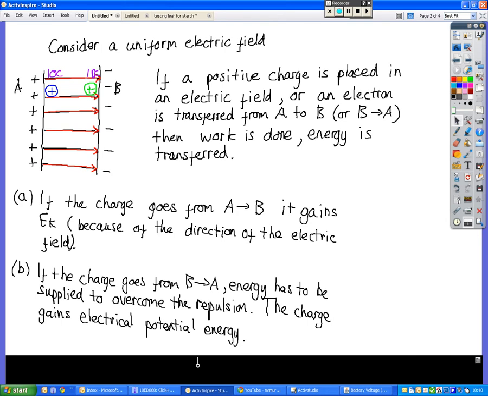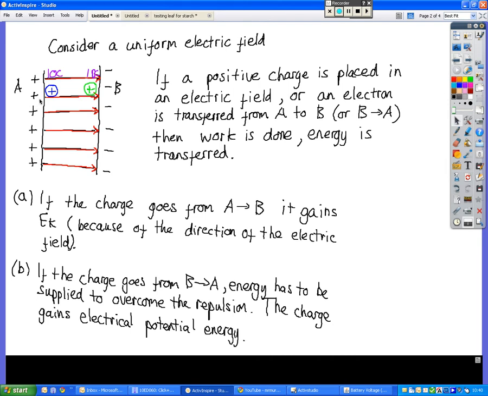The second scenario that we looked at is moving that same positive charge from B back to A again. If we move it from B to A, then energy has to be supplied to overcome the forces of repulsion. So it's attracted towards this negative charge at B here, but as it moves away from there, that force is going to decrease, but we're going to get a repulsion from this side here.